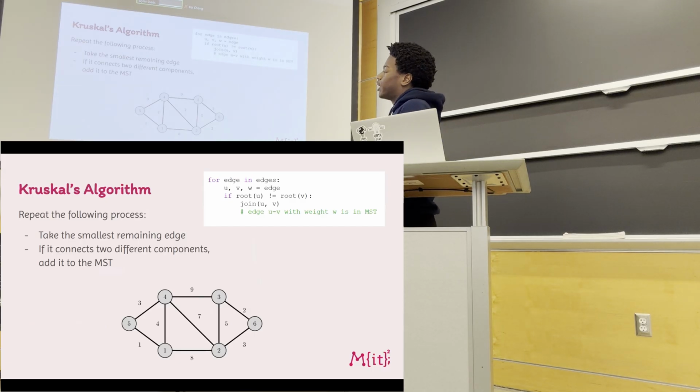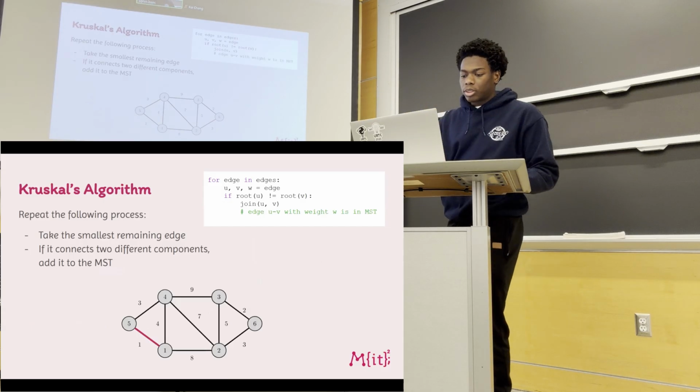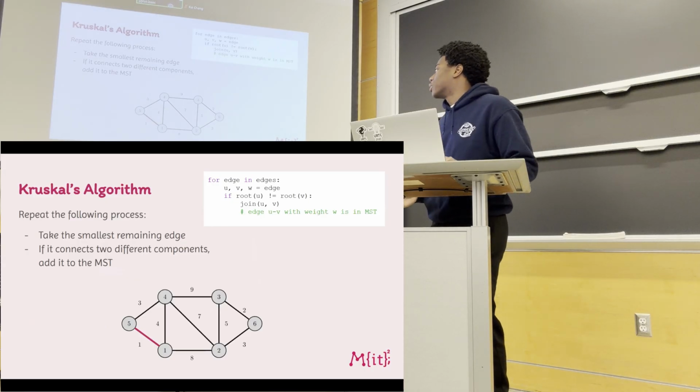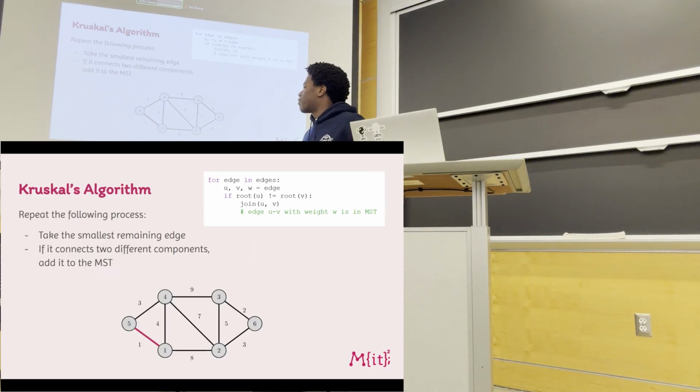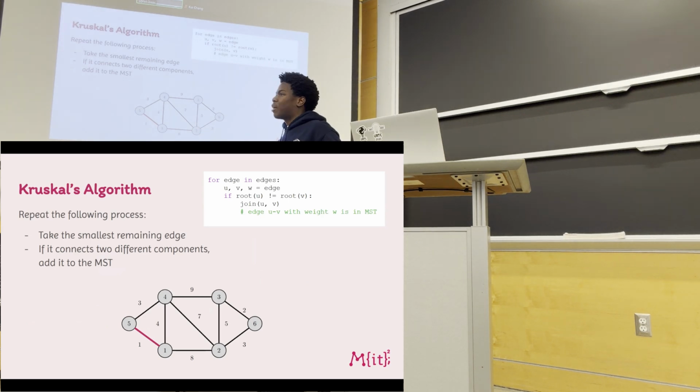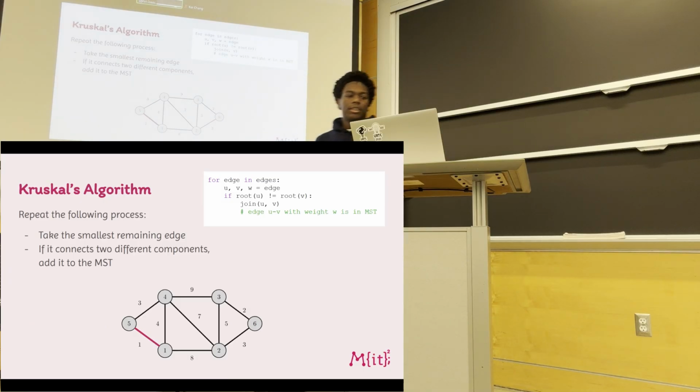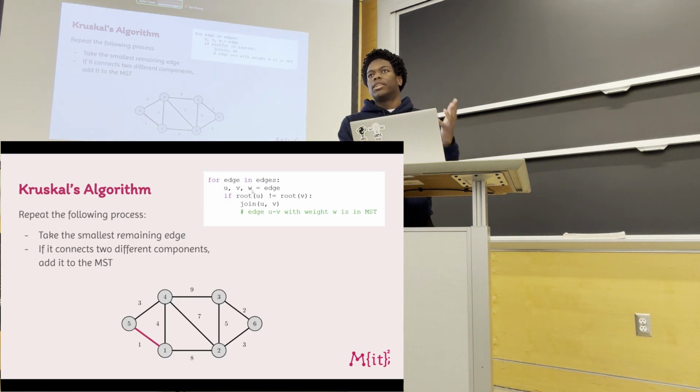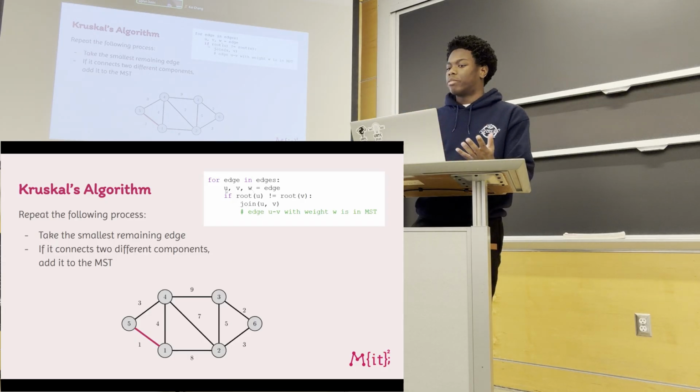The idea behind it is that you take the smallest remaining edge that you haven't added to your tree yet, and then you ask whether it connects two components of the graph that haven't been connected by a tree yet. For example, in this example, 5 and 1 haven't been connected yet by the tree, where we represent the tree with the red vertices. Since 1 is the smallest, we choose that one first and we connect 1 and 5.